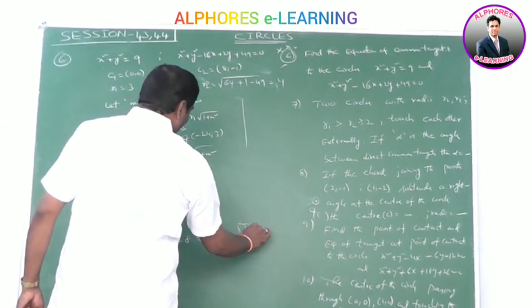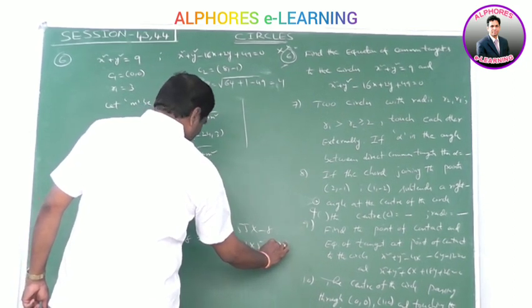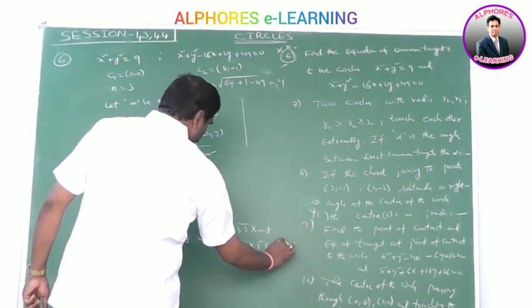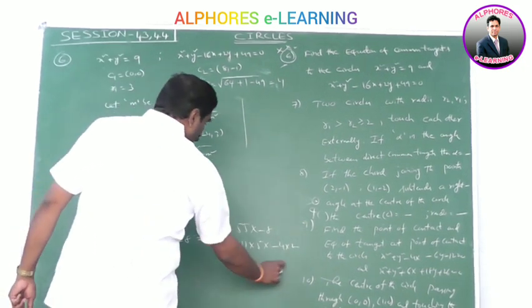55 into −8: it can be reduced into 11 into 5 into −8, that is −4 into 2.